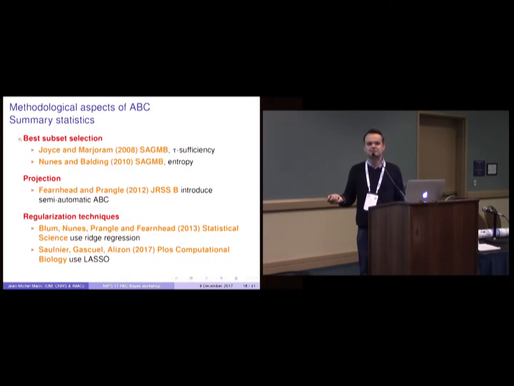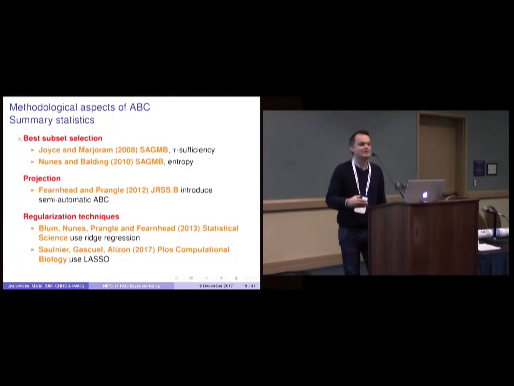The idea of this one is to say, okay, the best way to summarize, if you would like to estimate the posterior expectation, is the posterior expectation itself. Okay, so that's clear. So do a first ABC approximation, and then use this first ABC approximation as a projection of your simulated dataset.